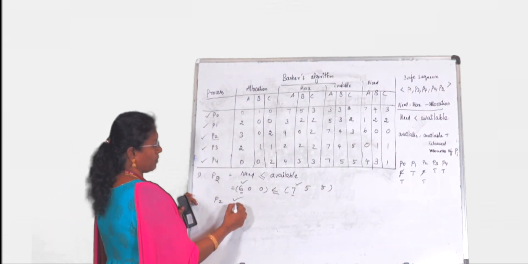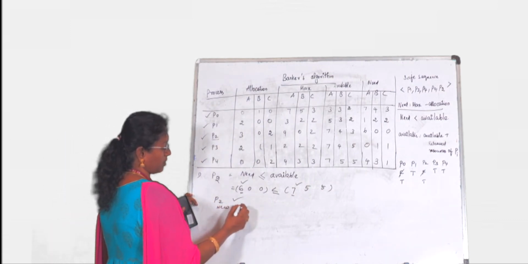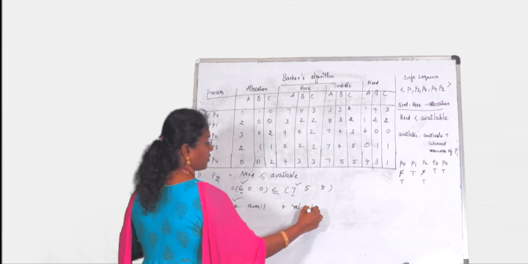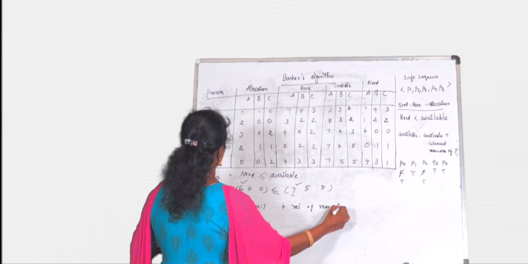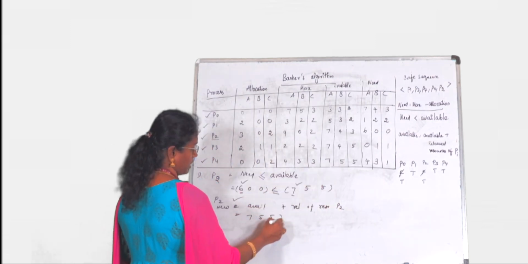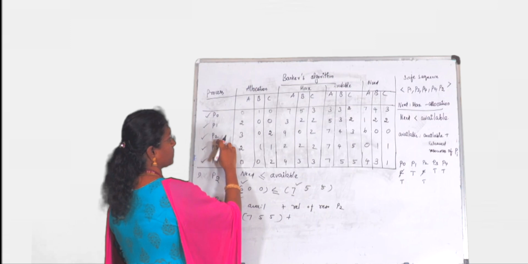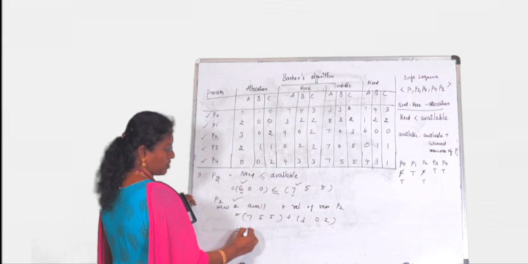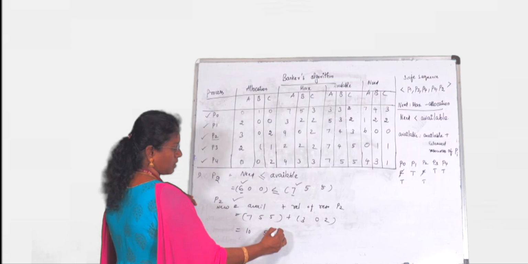So what is the newly available resources? Release of resource of P2. What is the available resource? 7, 5, 5. What is the release of resource of P2? 3, 0, 2. So what is the availability of resources? 10, 5, 7. This is the newly available resource: 10, 5, 7.